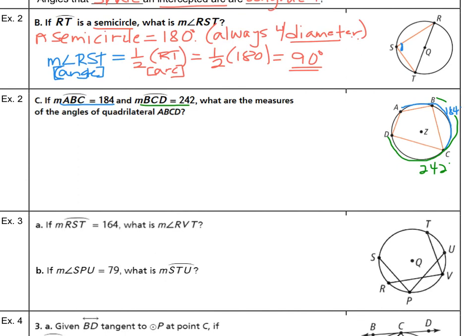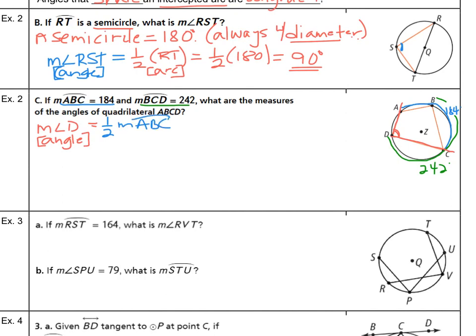If the measure of arc ABC is 184, I recognize that D up to A and D down to C would be the angle that intercepts that arc. So the measure of angle ADC, or angle D, is an inscribed angle. We could say that the measure of angle D should by definition be 1/2 the measure of its intercepted arc, which in this case is the measure of arc ABC.